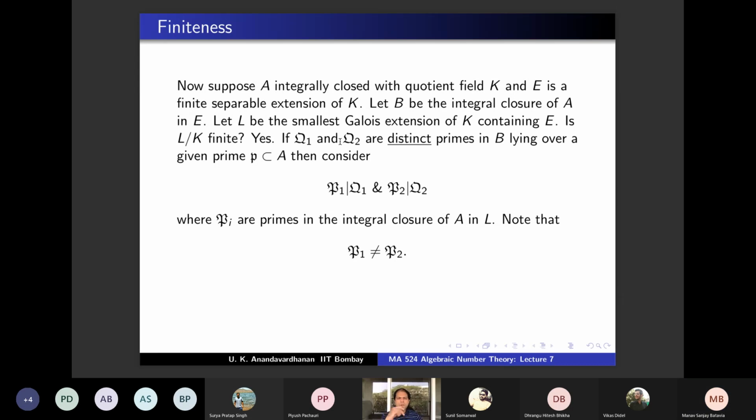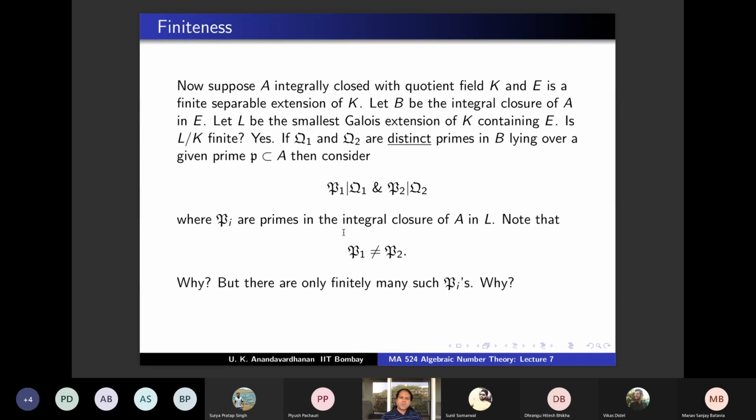If P1 equals P2, then P1 intersected with that ring will be P2 intersected with that ring, but that is Q1. So if P1 is P2, you will get Q1 is Q2. Therefore, P1 is not equal to P2. But there are only finitely many such Pi because it's a Galois extension, and we have proved that they will all be Galois conjugates.